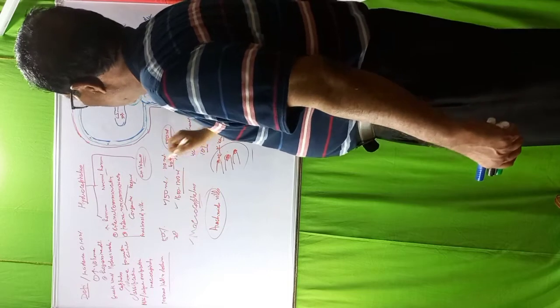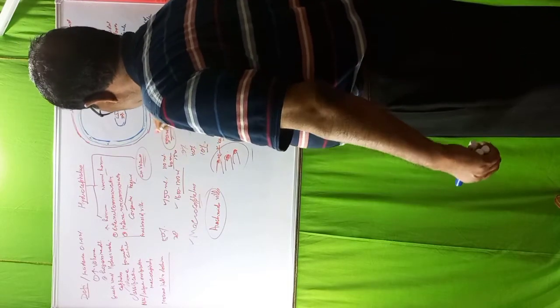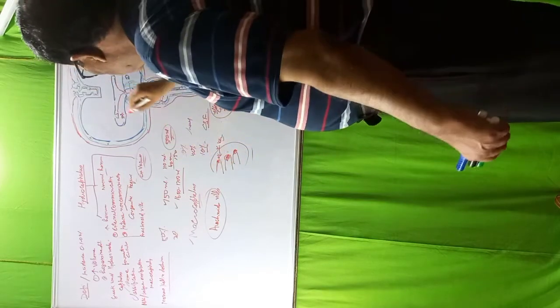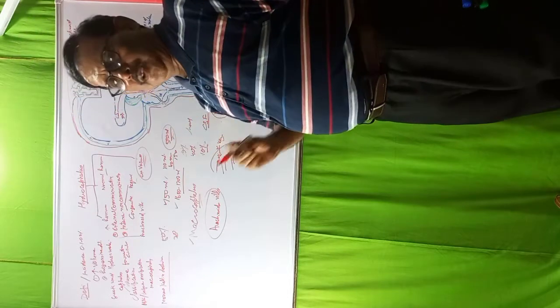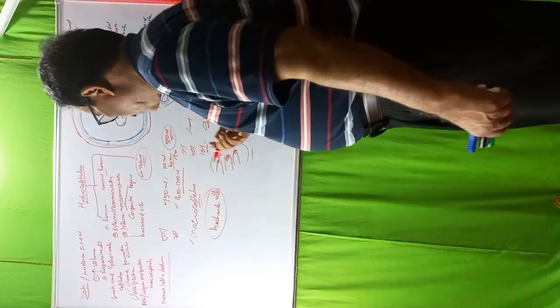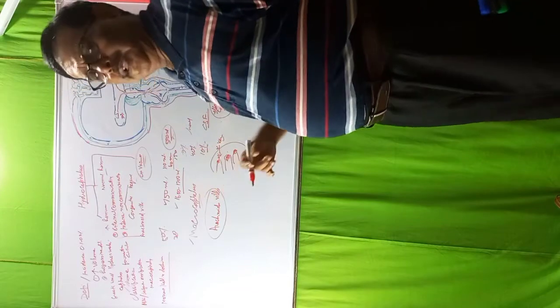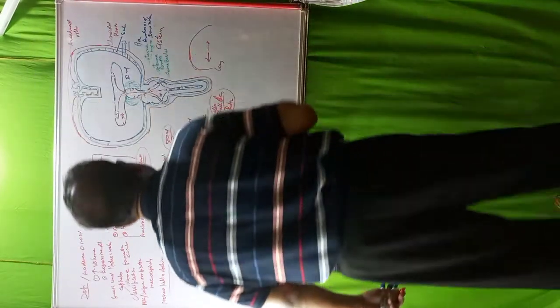Out of this 150 ml, 110 ml is present in the subarachnoid space and 40 ml is present in the ventricles. And 500 ml of cerebrospinal fluid is formed daily. That means the cerebrospinal fluid is replaced 3 times in a day.